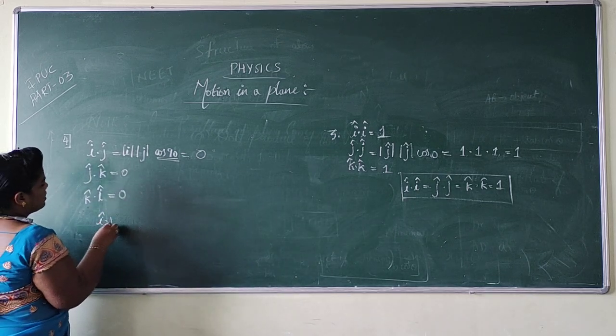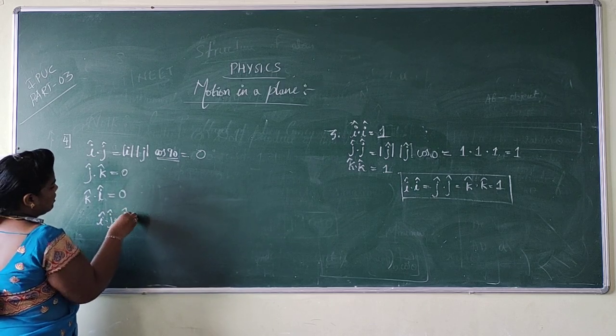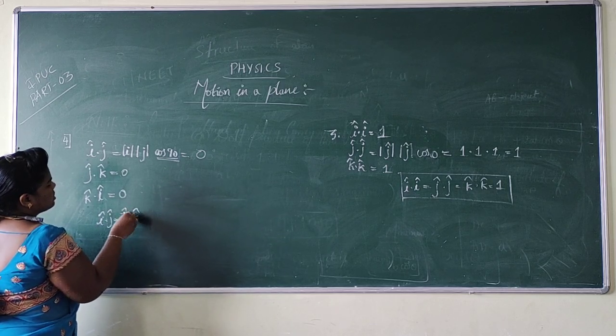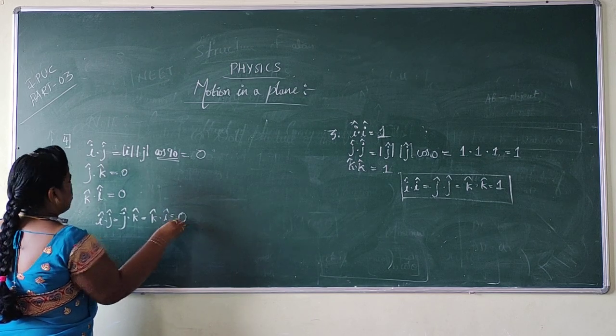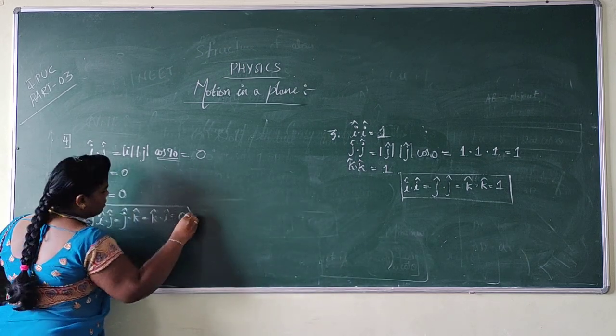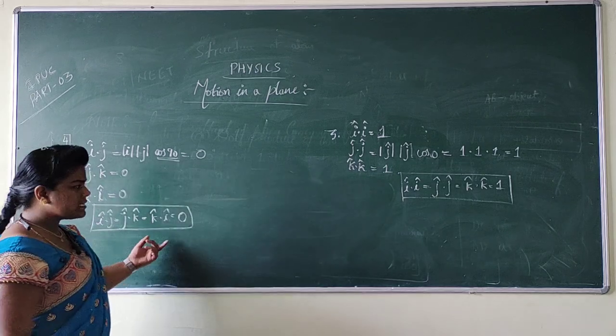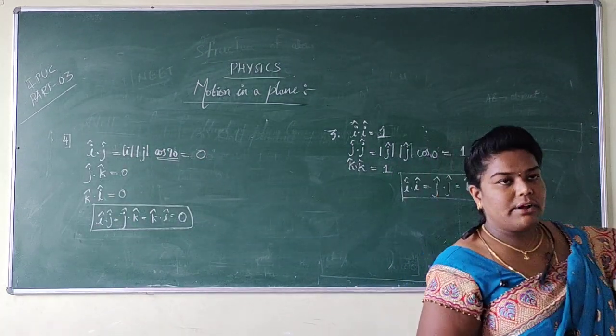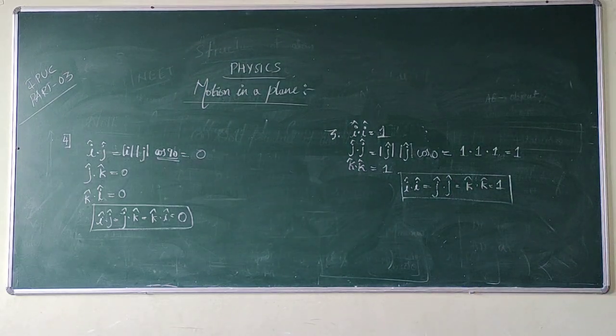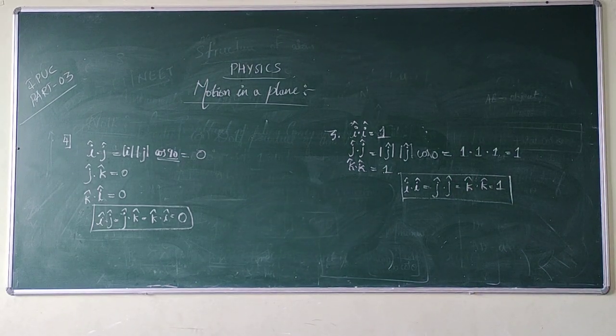So that i dot j, j dot k, k dot i is equal to 0, and the product of i dot i, j dot j, k dot k is always equal to 1. This is about the scalar product of the two vectors.